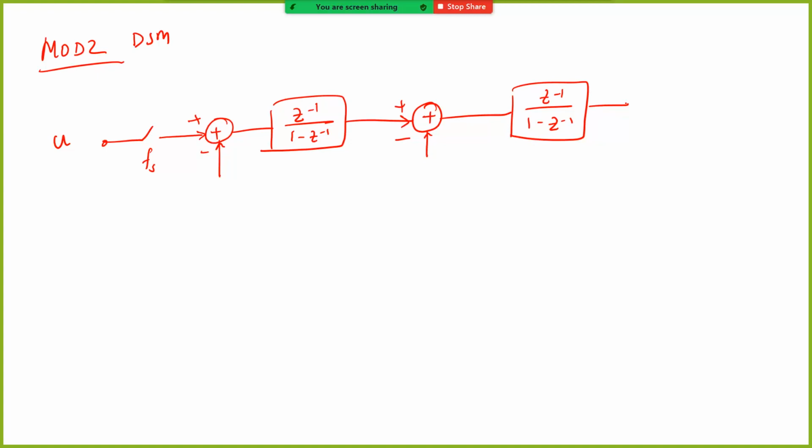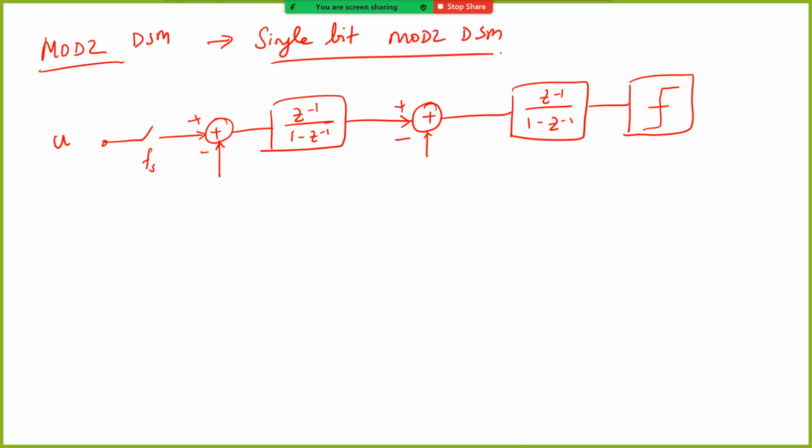So basically, in this case, let's say it's a single bit mod 2 DSM, all right? Since it's a single bit, you have a feedback loop like this. Let's say this is Y and this is V. Okay. All right.